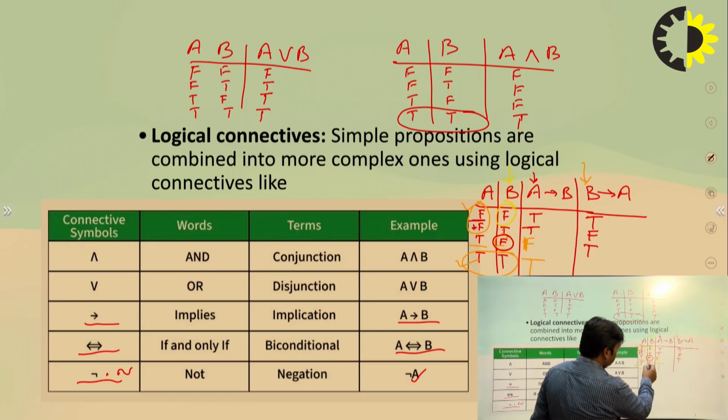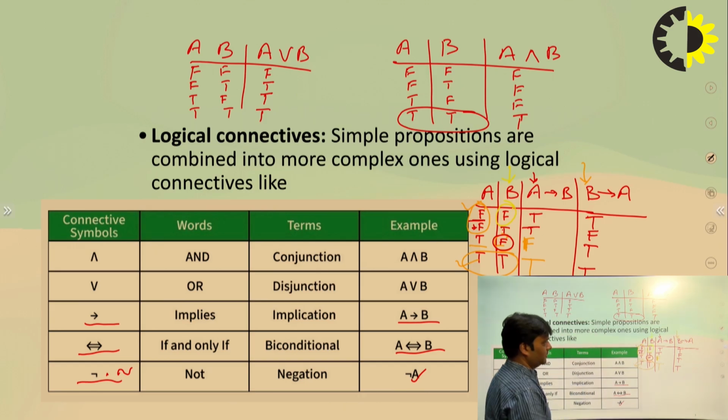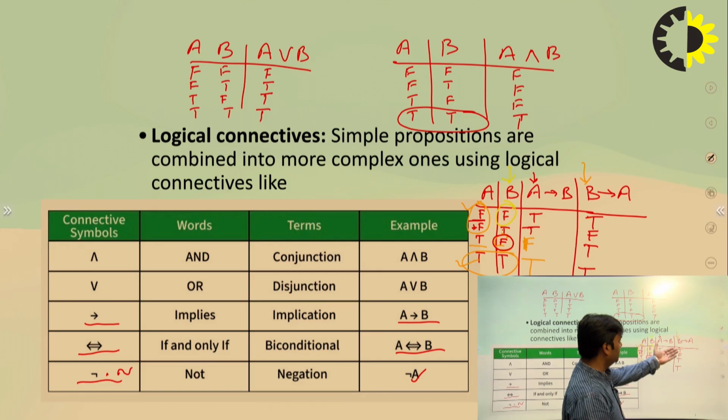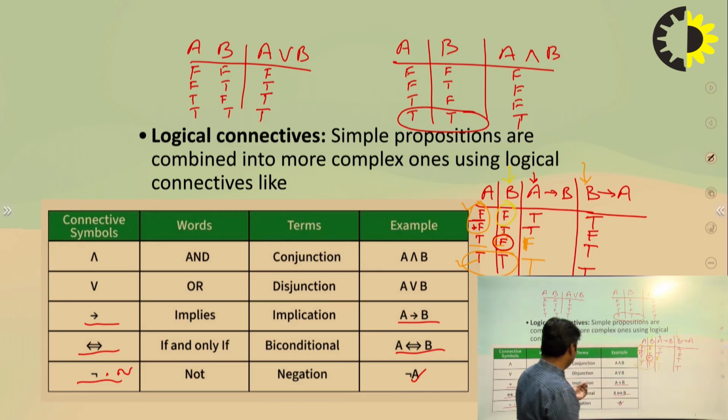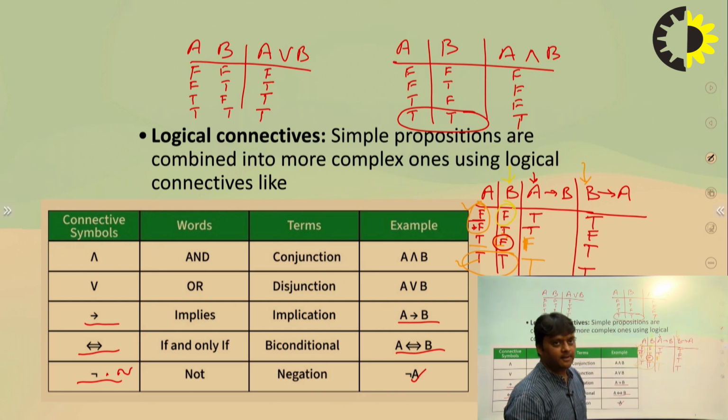And next, B is true and A is also true, so the result is true. So this is the table for implication, for both A implies B and B implies A.